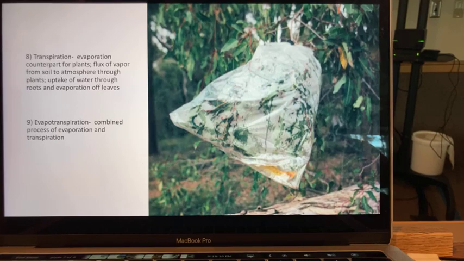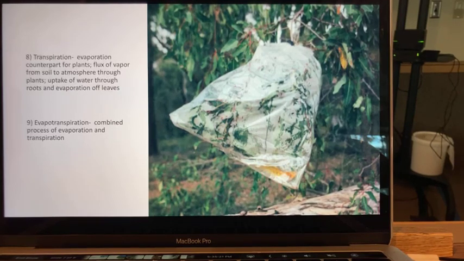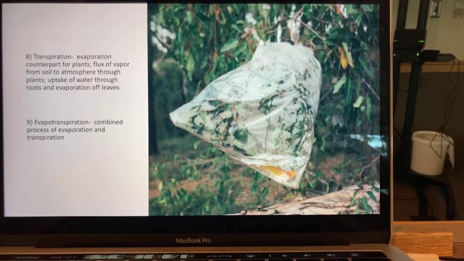8, transpiration, evaporation counterpart for plants, flux of vapor from soil to atmosphere through plants, uptake of water through roots and evaporation off leaves. And then 9, evapotranspiration, combined process of evaporation and transpiration.